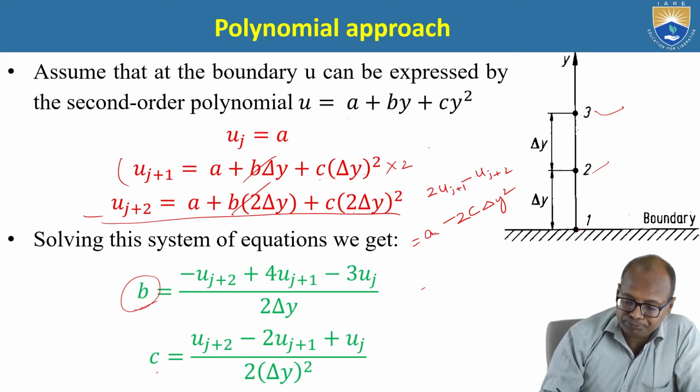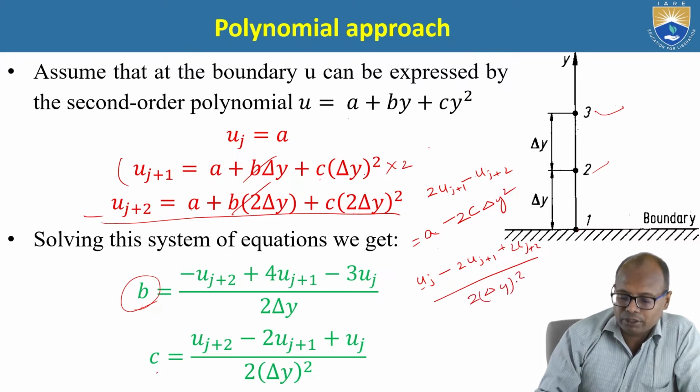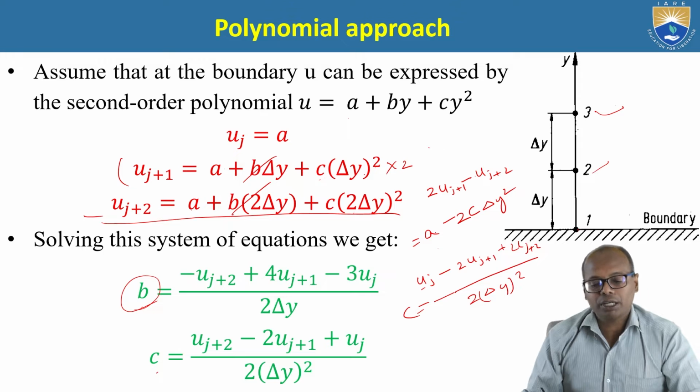Now this a I will bring to this side, and multiply by the minus sign. If I multiply like that, I will get u(j) minus 2u(j+1) plus u(j+2), divided by 2 delta y whole square. So like this I will get the value for c.